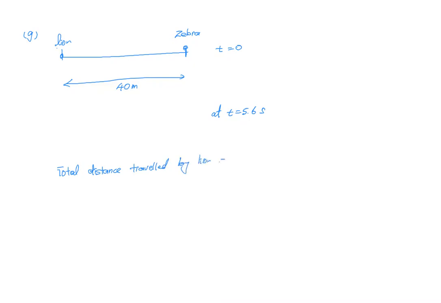So that means you have to do the integral from 0 to 5.6. What do you put now? Y1 dt. Okay. So can you use your calculator and tell me the answer?